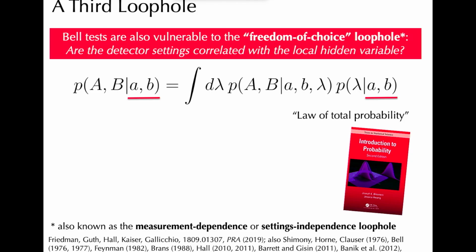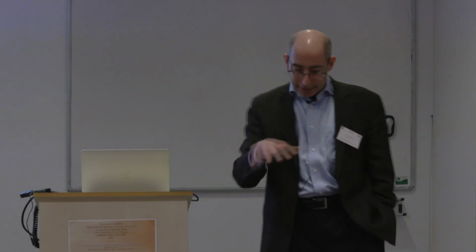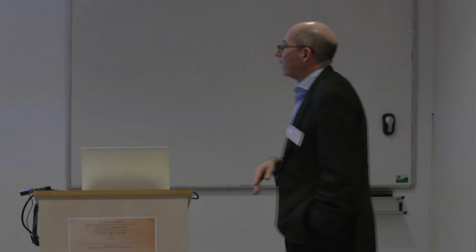Then in principle at least, each of the quantities within your integrand could have a conditional dependence as well. This is called, to the statisticians, the law of total probability. Bell had tacitly left that out. He had not said anything about it in the early work. This was pointed out to him in the mid-70s by people like Clauser, Shimony, and Horn.